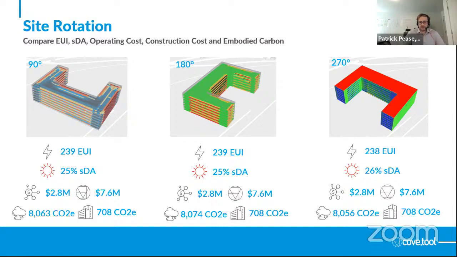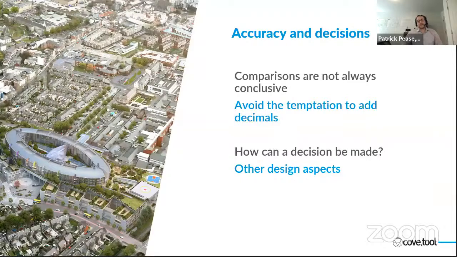So where does this put us? How can we make a decision with this? Well, the important aspect of these models is that they offer comparison, and that means they're not always conclusive. That particular study showed that rotating the building did not have a big enough impact to make a decision, and that's okay. What I would advise is to always avoid the temptation to add decimal points.